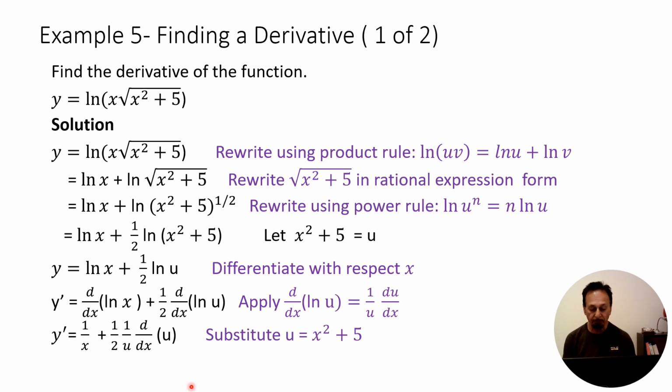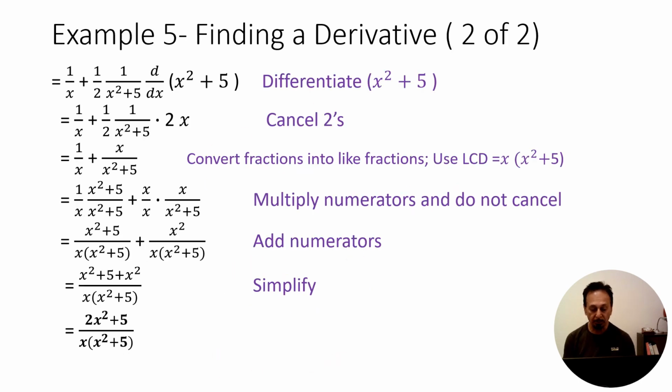Now where the u is, you substitute x squared plus 5. So we get the derivative of natural log of x, plus 1/2 times 1 over x squared plus 5, and u is changed to x squared plus 5, dx.